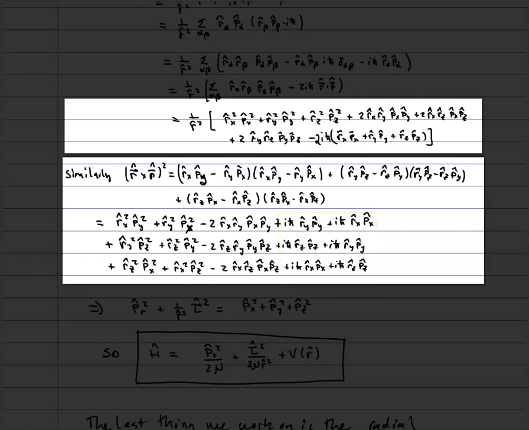And now let's take a look at comparing R cross P squared with Pr squared. In particular, let's look at the cross terms. So cross terms for Pr squared involved Rx, Ry, Px, Py with a plus sign and a 2, a plus sign, and a 1 over r squared.